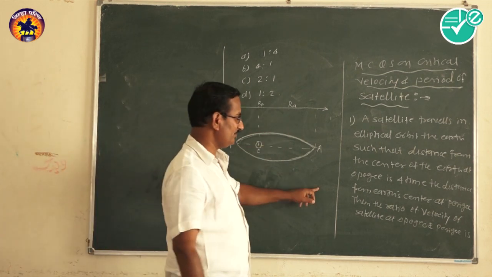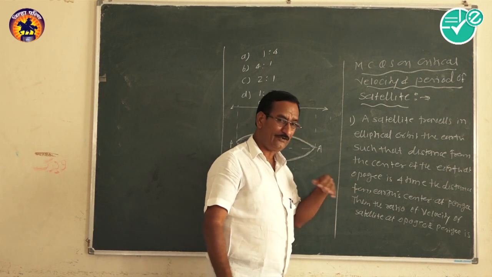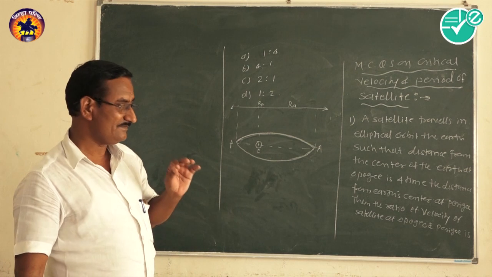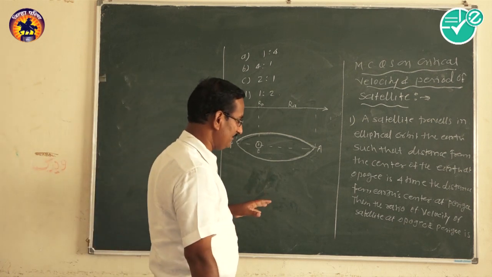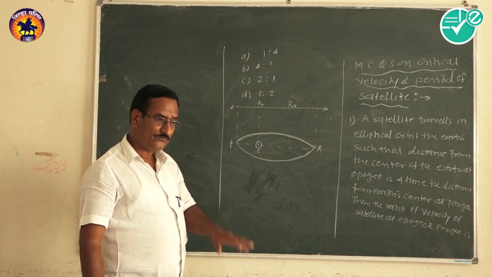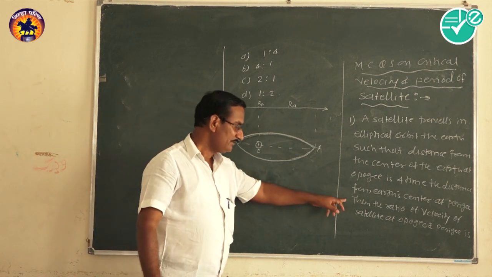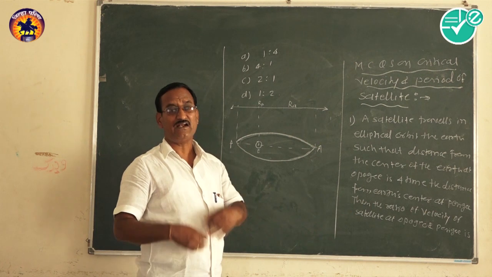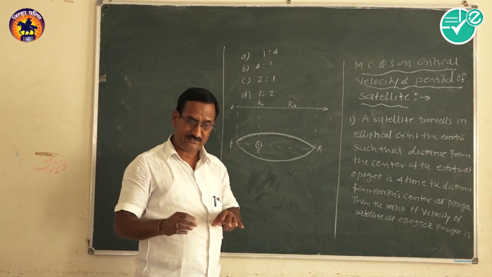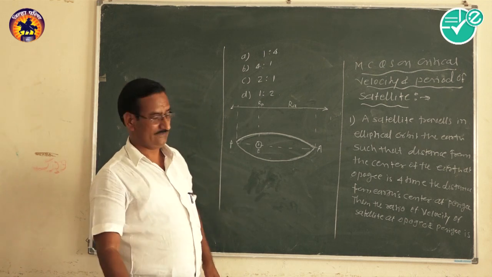In this question, perigee means the nearest distance of the satellite to the Earth, and apogee means the distance of the satellite at the longer distance.